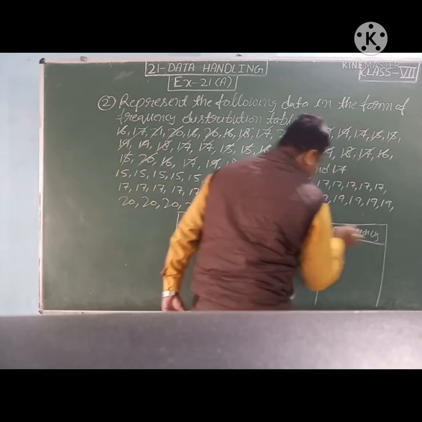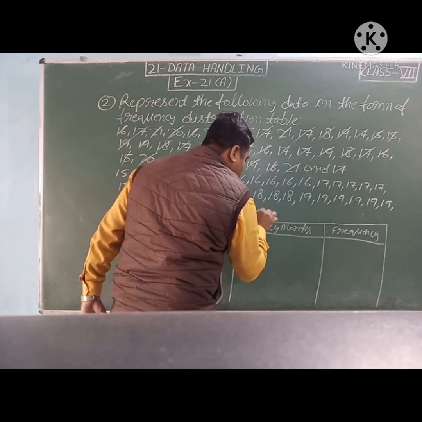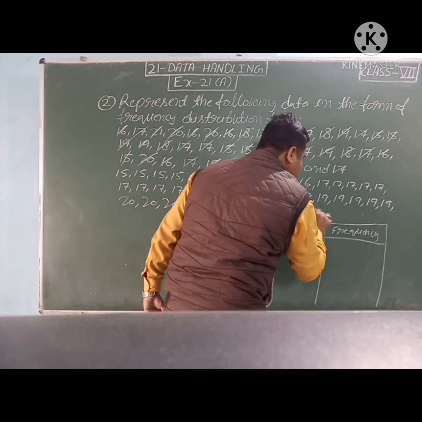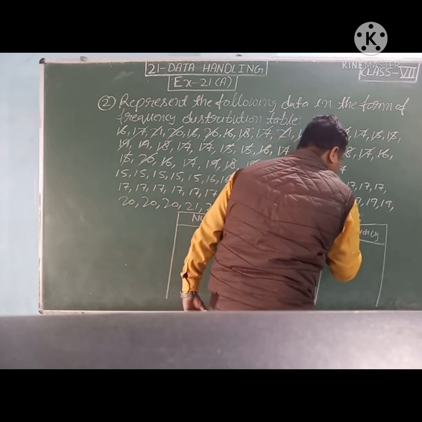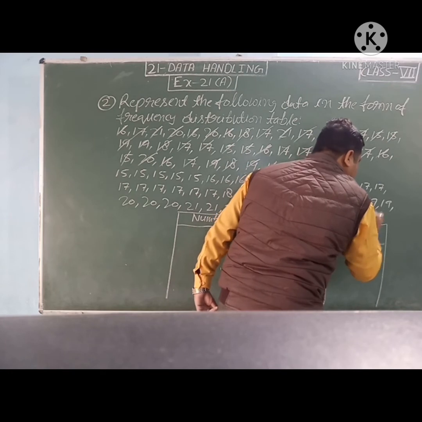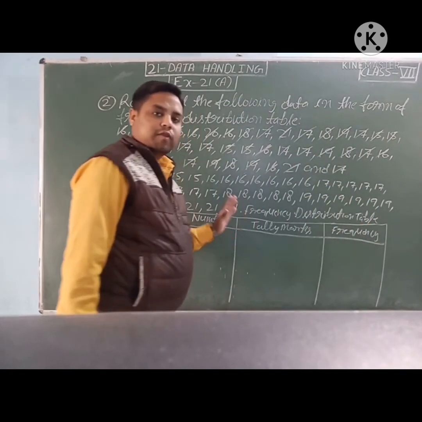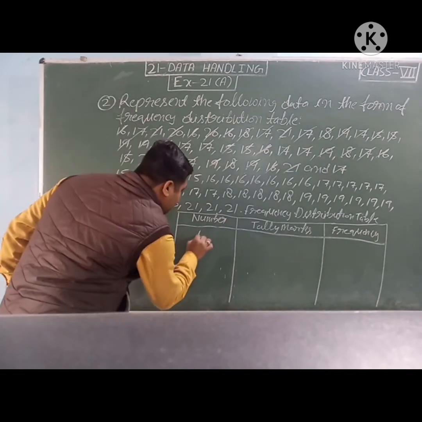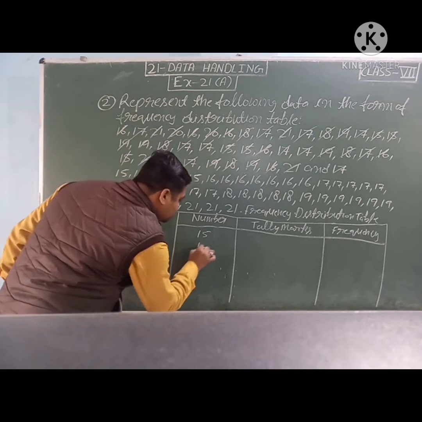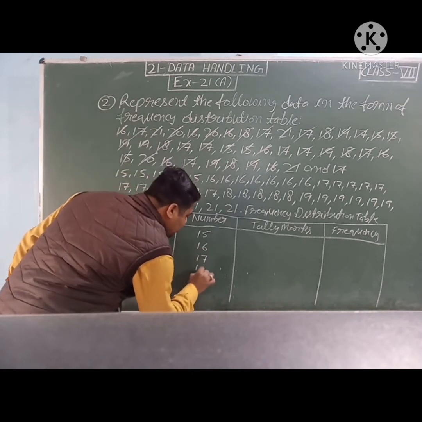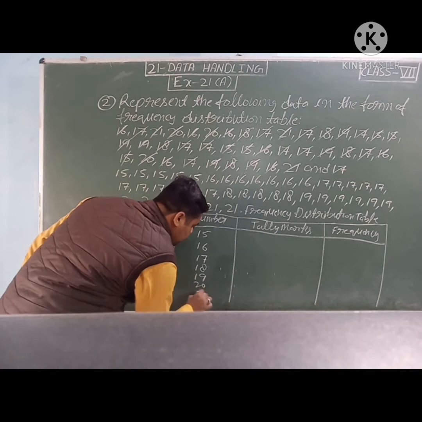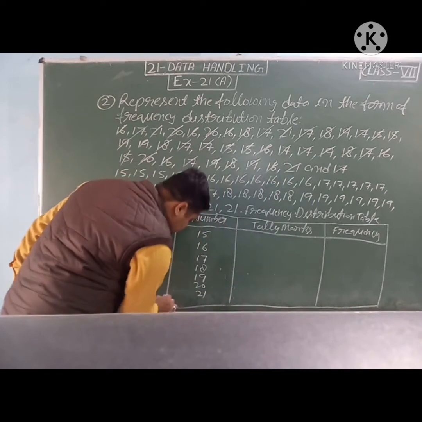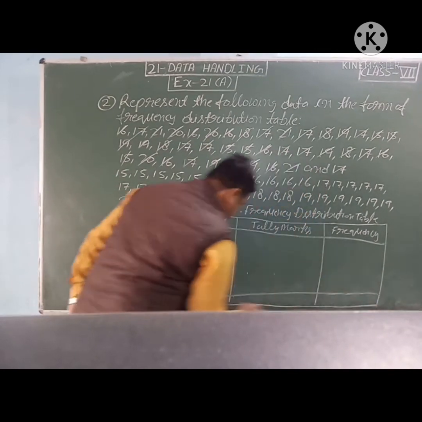And at the top of the table we will write frequency distribution table. First we will write 15 here, then 16, then 17, then 18, 19, 20, 21, and in the last we will write total.